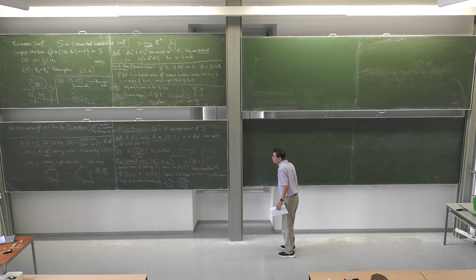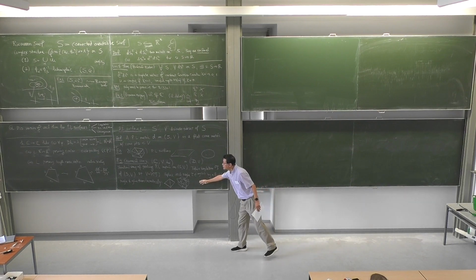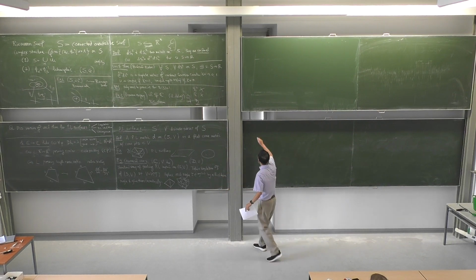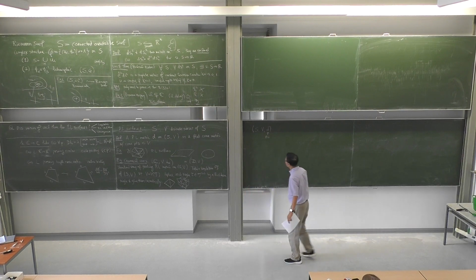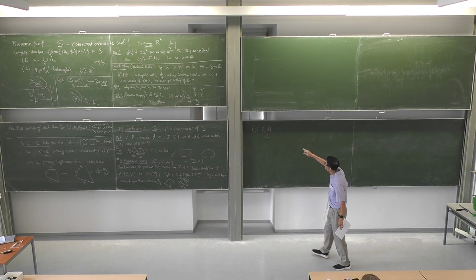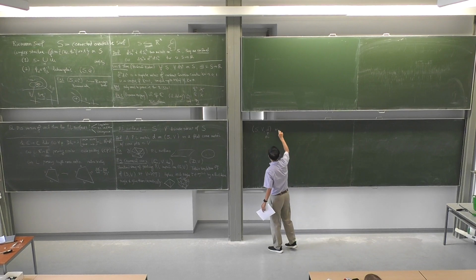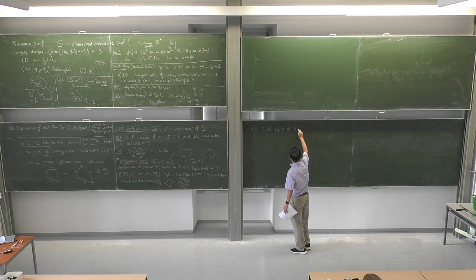Okay, so the advantage of doing this is that in this way, I produce a surface with a set of vertices and this flat cone metric. This surface can now be represented by a more combinatorial kind of data.